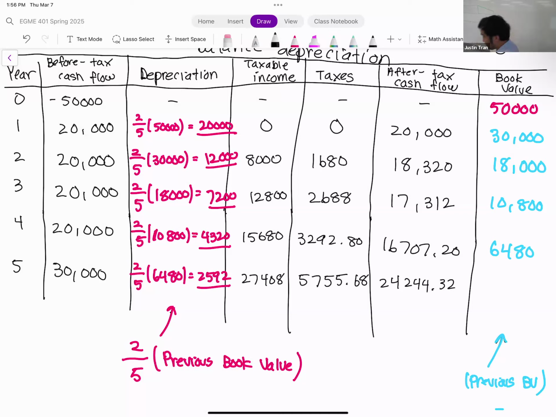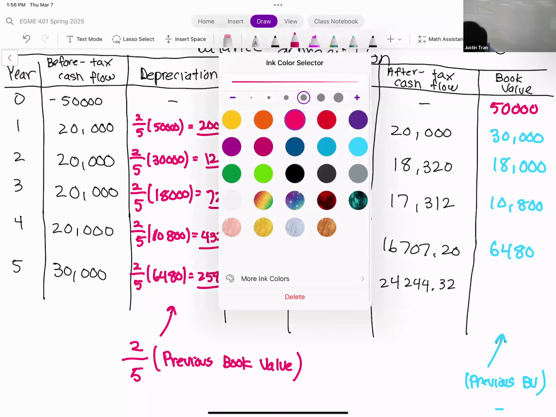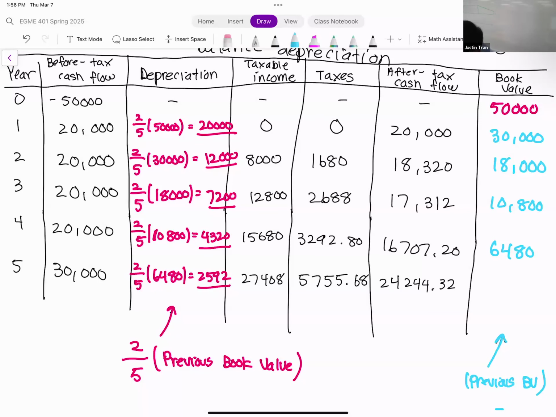And then our final book value here is 3,888.